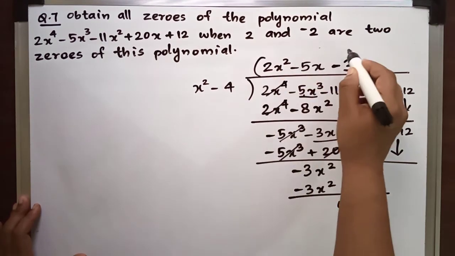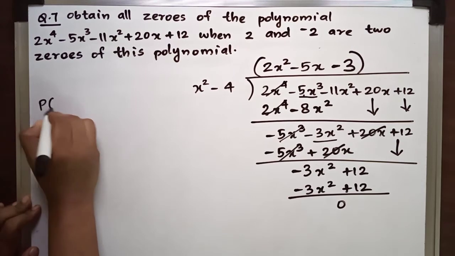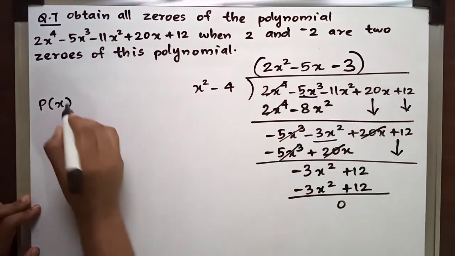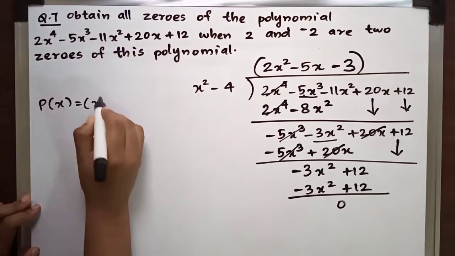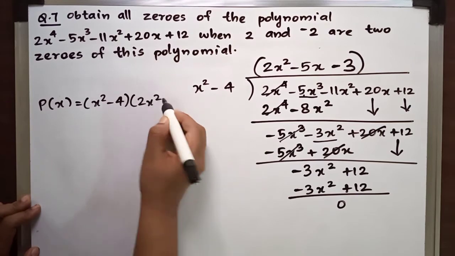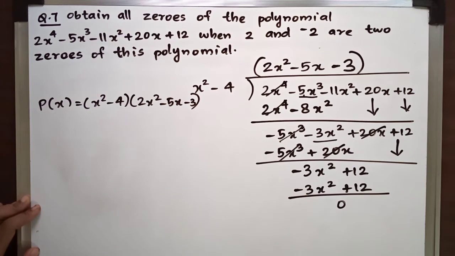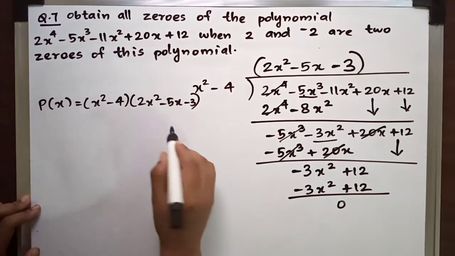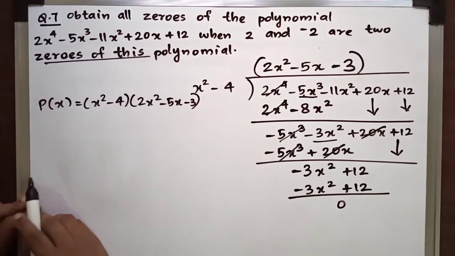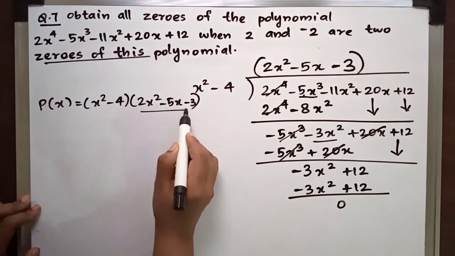Now we got another factor of this given polynomial p of x, that is, this bigger polynomial can be represented as x square minus 4 into 2x square minus 5x minus 3. Anyway, factorization is over, but we have to find the other zeros of this polynomial.